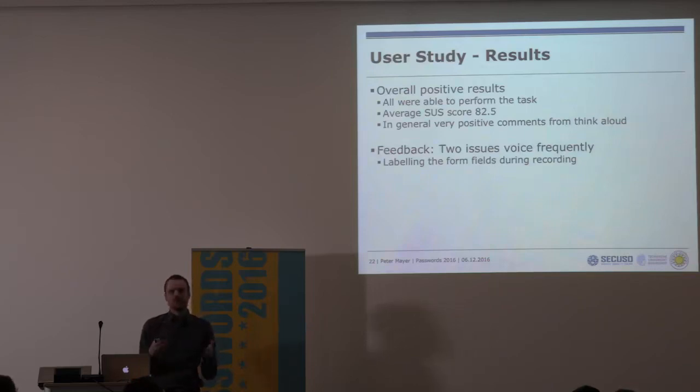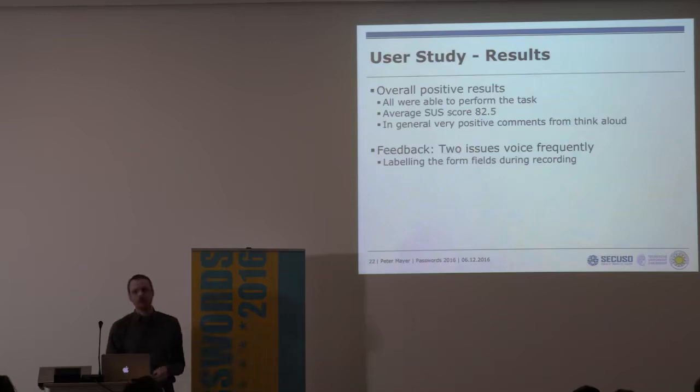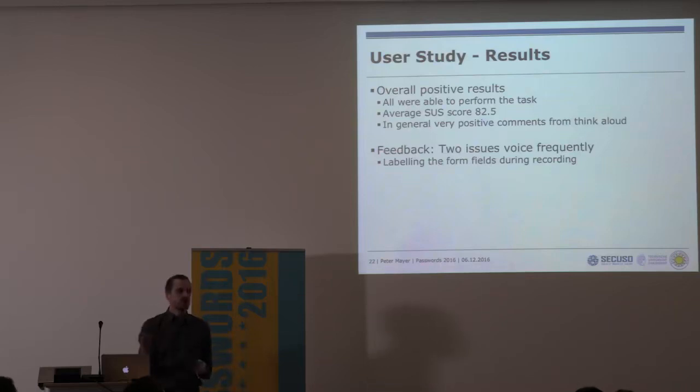And it was basically like, this is something the computer should do. And we completely agree with our participants. And this is one of the reasons why we really hope that proposals such as the password manager-friendly markup language actually see wider adoption, because this would make these things so much easier and so much better for the users.